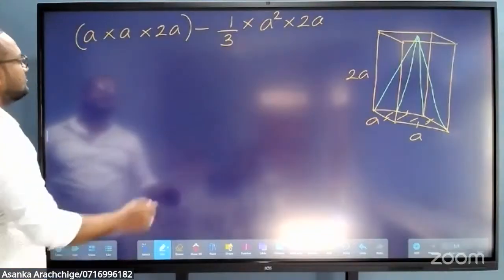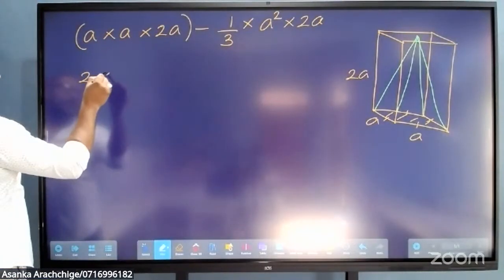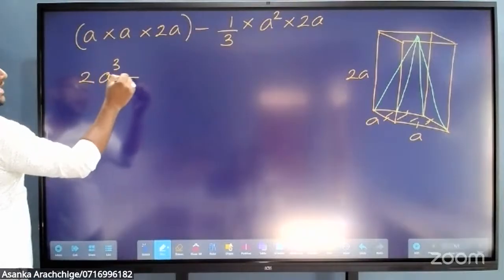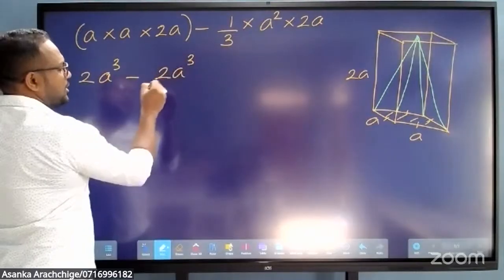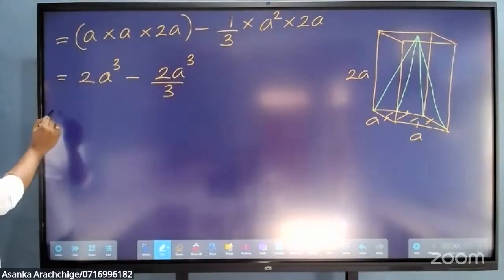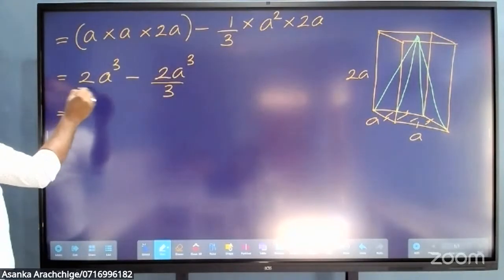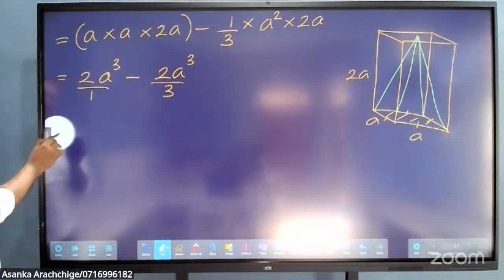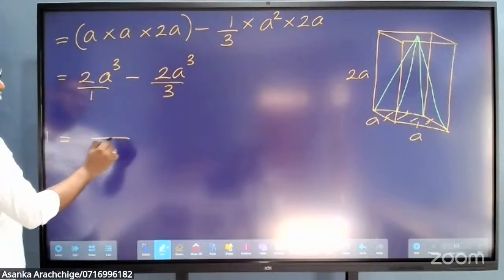Now, 2A into A into A, 2A cube minus 2A cube upon 3. This is the volume of the remaining portion. I put 1 as denominator. 3 is the least common multiple.